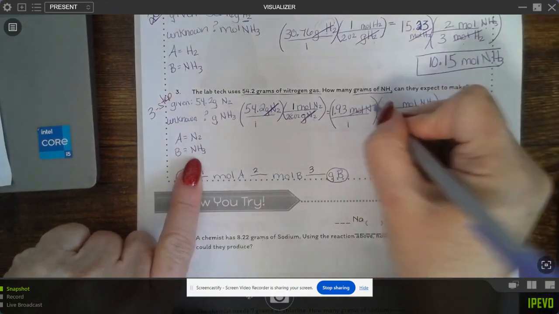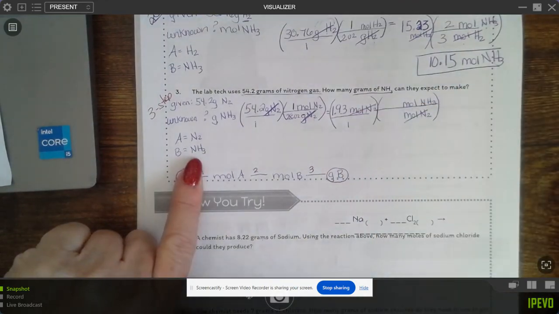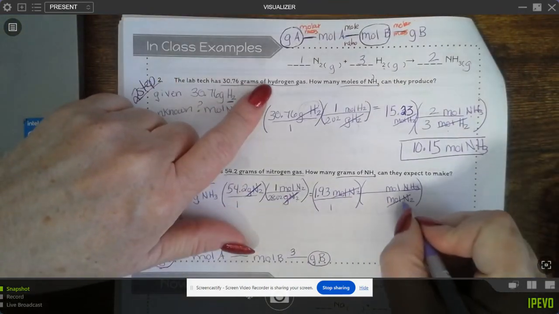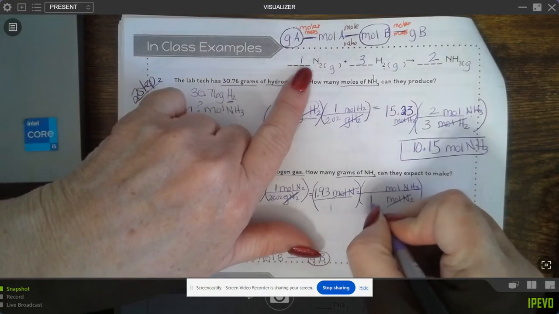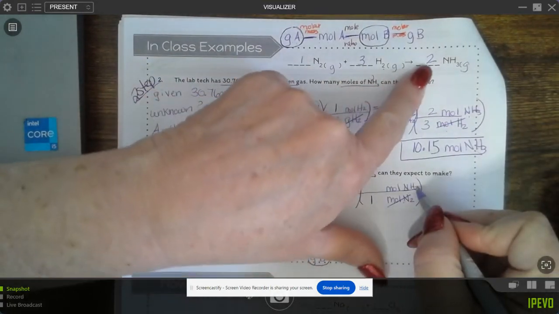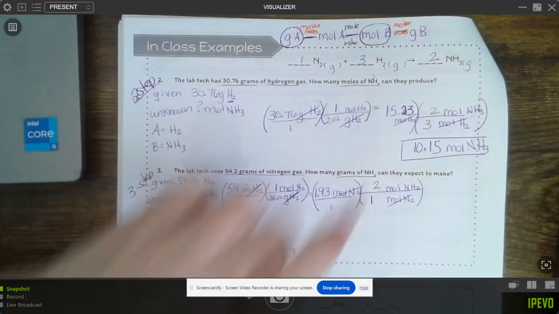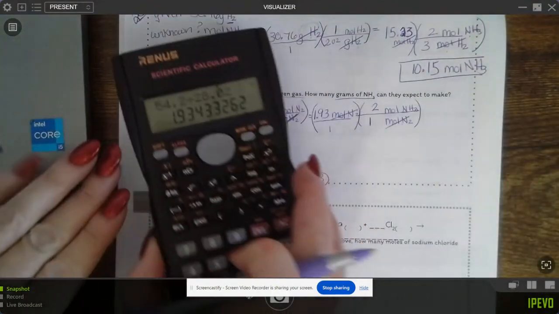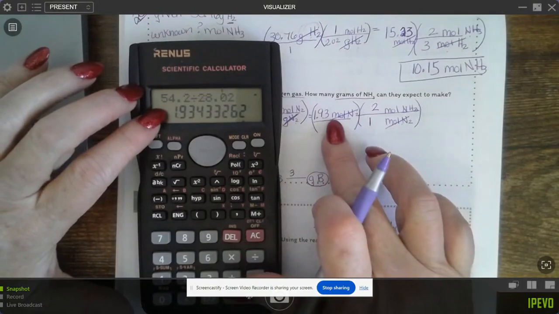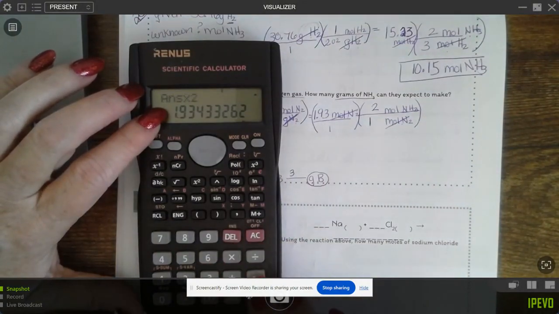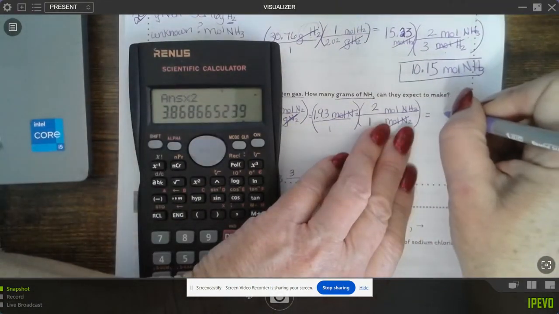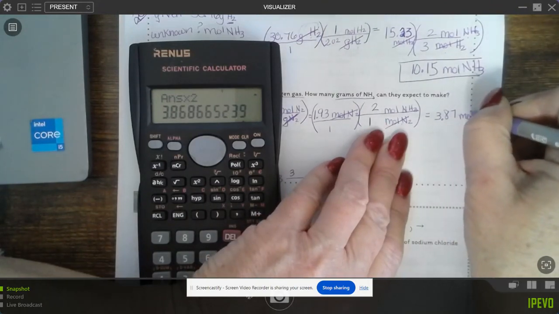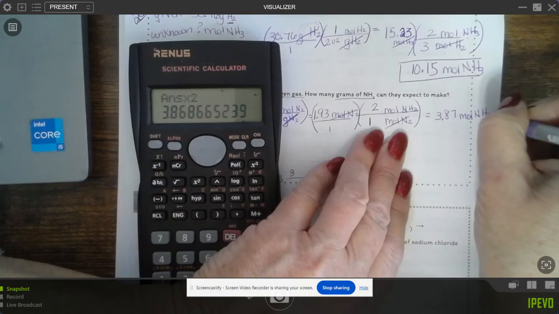So moles of N2 are going to cancel out. We get these numbers from our balanced chemical equation: 1 mole of N2 reacts to give us 2 moles of NH3. So we take our 1.93 times 2, and that gives us 3.87 moles of NH3.